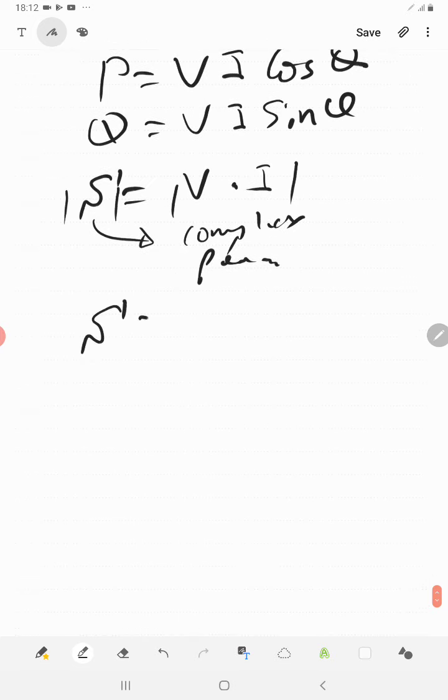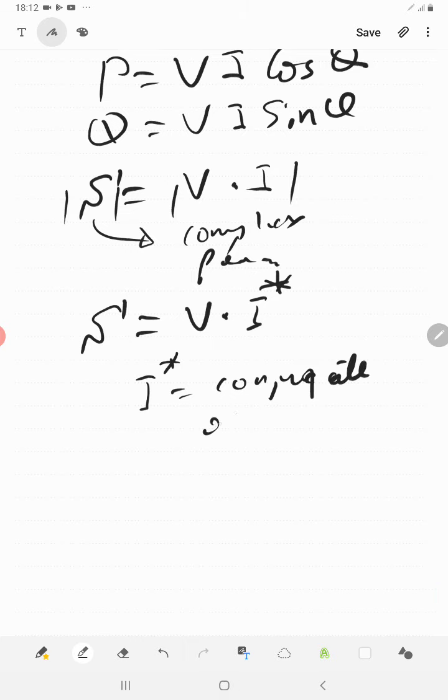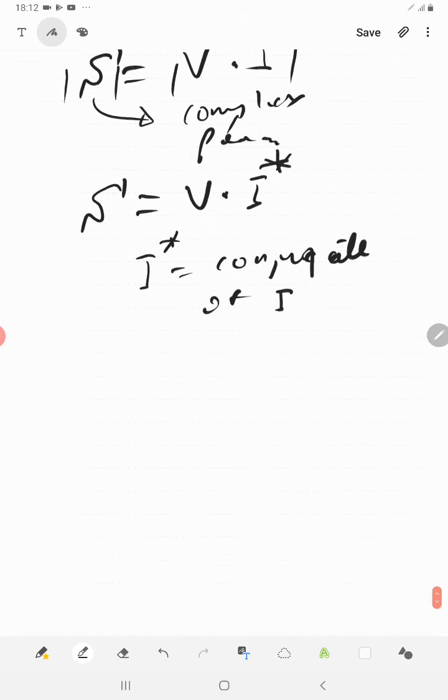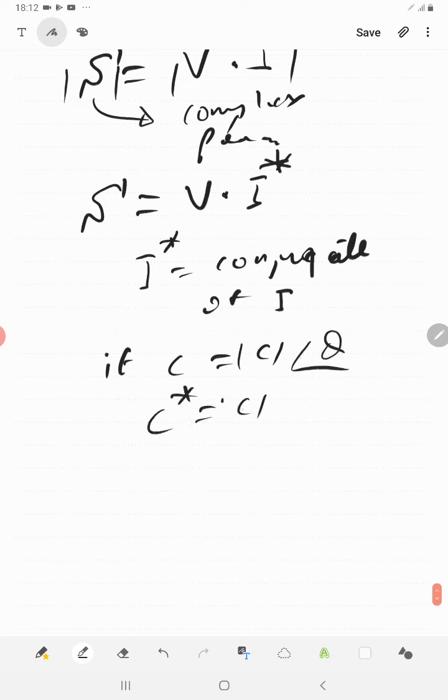In vector form, S equals V I conjugate, where I conjugate is the conjugate of I. So if C equals absolute C angle theta, then C conjugate is equal to absolute C angle minus theta.